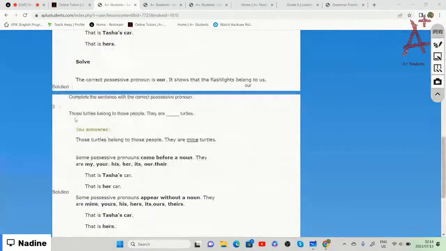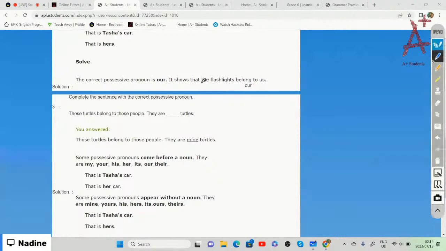Next one. Those turtles belong to those people. So if the turtles belong to those people, right, then they are whose turtles? So if it belongs to those people, then we can say they are their turtles, right?